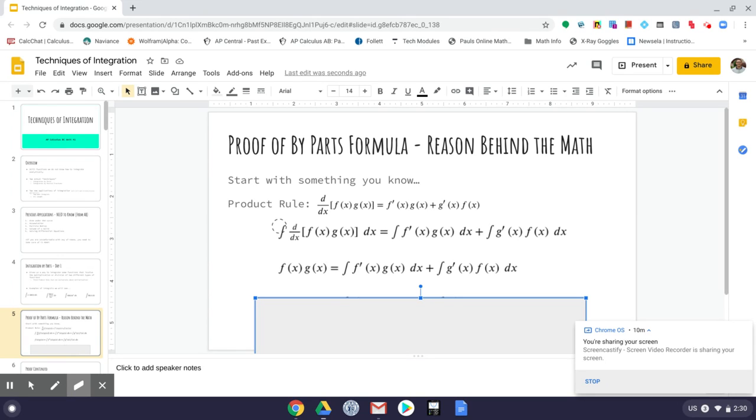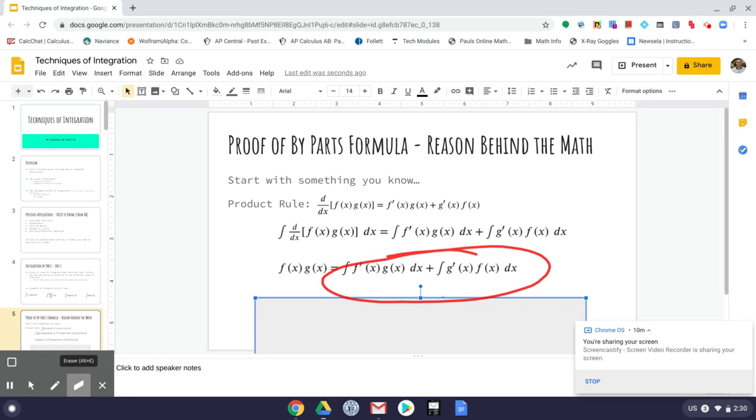I want to stop right here and look at what's happening, because remember the goal of the proof: to come up with a formula for the integral of a product of two different types of functions. On this right-hand side, I've actually got two integrals that are products of two different functions.